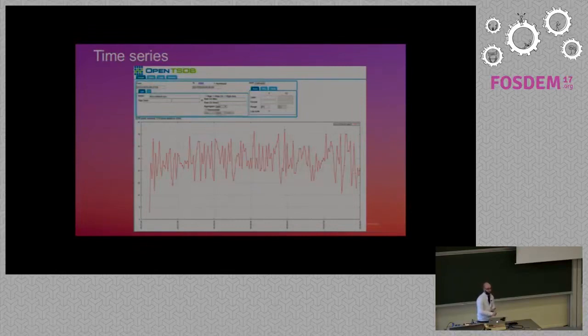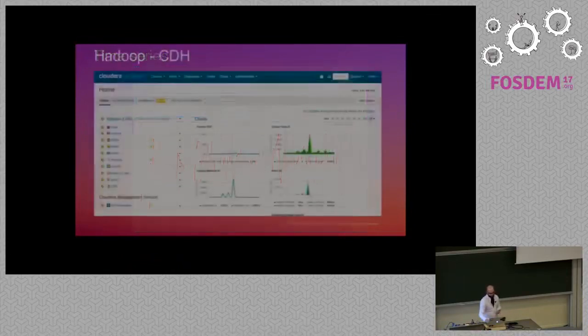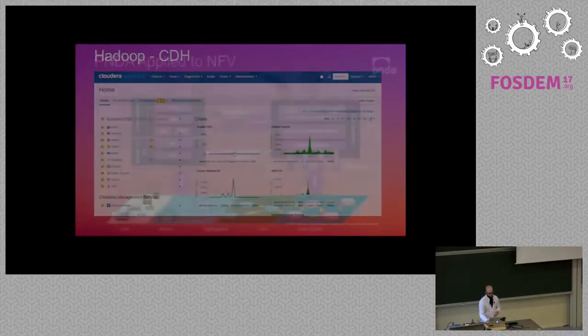We use also Impala because you can easily connect to Tableau, which is a well-known BI tool. And so just behind that, we've got at the moment the Cloudera distribution of Hadoop. And then you've got all the management UI behind that.